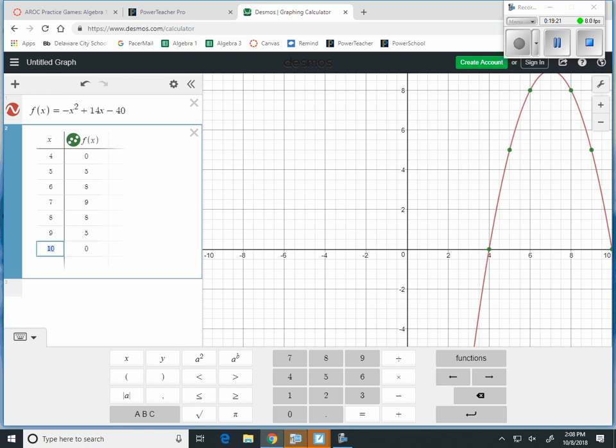Okay, I know it's hard to see up here. My table reads 4 to 10 on the left, and on the right it's 0, 5, 8, 9, and then 8, 5, 0. Okay, once you get that, go ahead and record that on your notes.